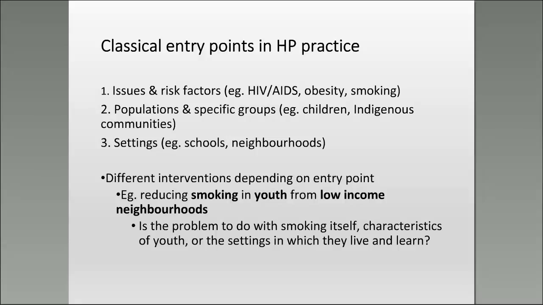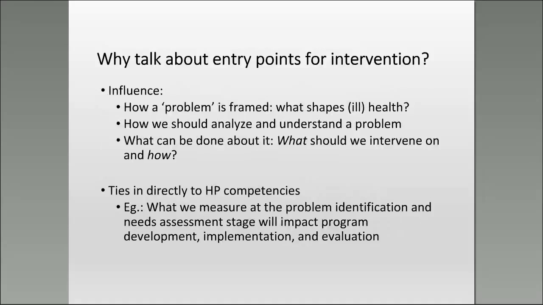So depending on which of these entry points we favor, the interventions that will be derived will likely be quite different. So let's say the aim is to reduce smoking in youth from low-income neighborhoods. There are already three very different entry points that we can choose from. So we must ask ourselves, where do we think the problem comes from? Is it to do with smoking itself, with the characteristics of youth, or with the settings in which they live and learn?